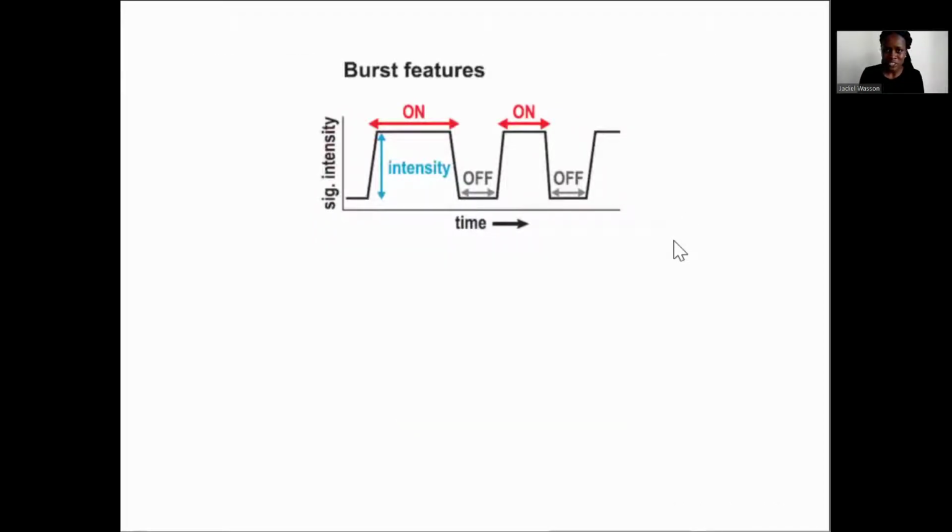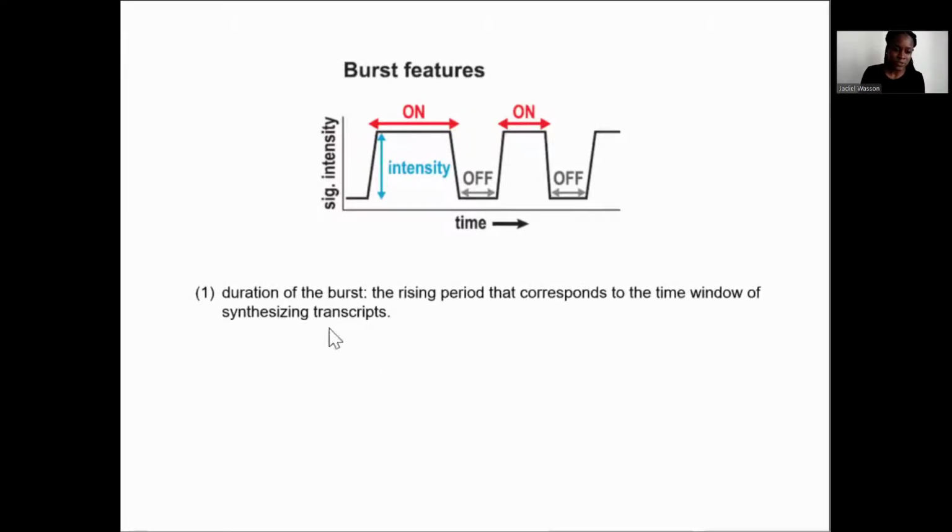So what exactly is a transcriptional burst? There are several different features of a transcriptional burst, which include the duration of the burst, which is the rising period that corresponds to the time when the transcripts are synthesized.